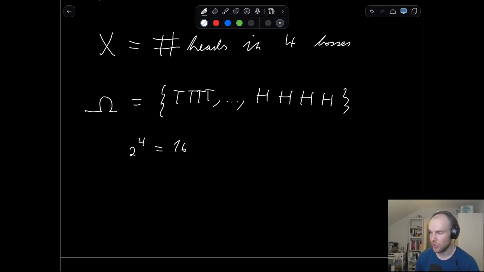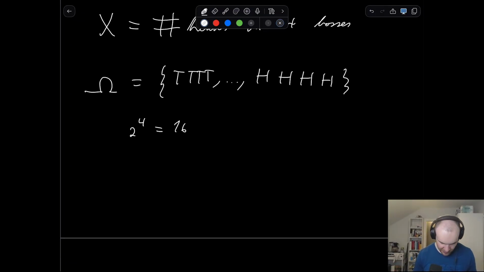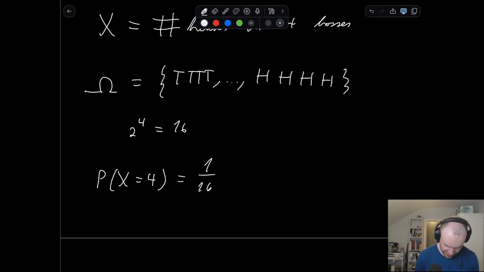And if I asked that the probability that the random variable X takes on the value 4, so 4 heads, that is just 1/16, because that's just one event. If you did that for 0, 1, 2, and 3, then you have the probability distribution. Much easier to understand through that example.